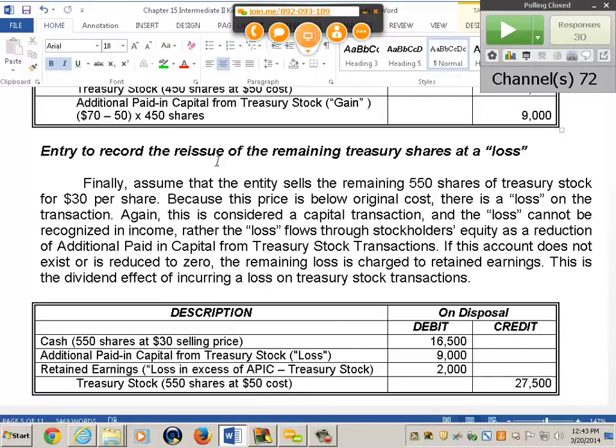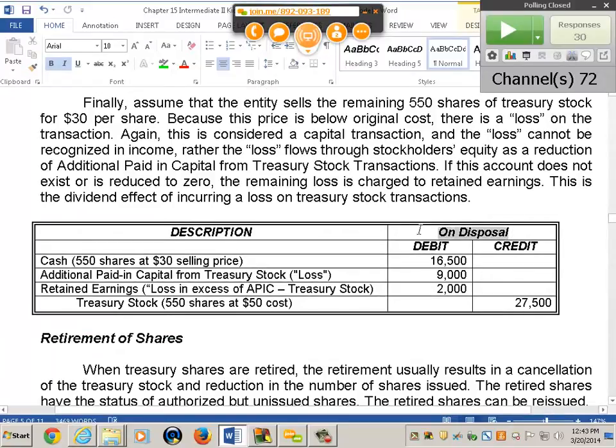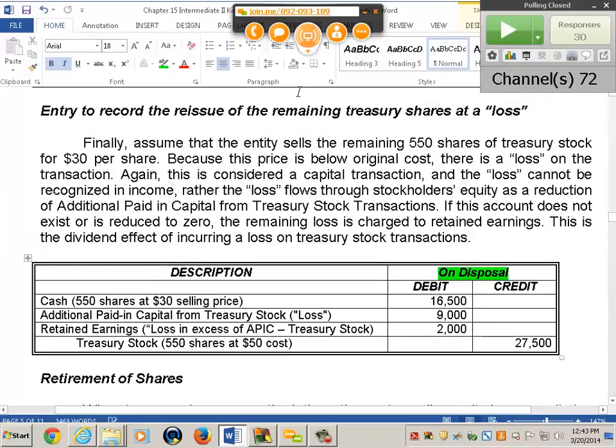So in this case, if I bring up that entry on disposal, cash comes in. By the way, all treasury stock transactions are what kind of activities on the cash flow statement? Operating, investing, or financing? Financing. Treasury stock is a financing transaction. So all of the cash flows related here are financing transactions.